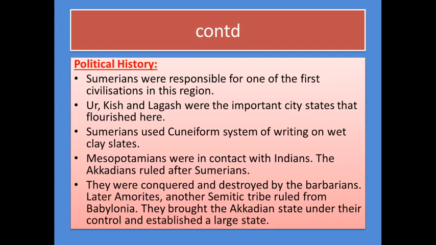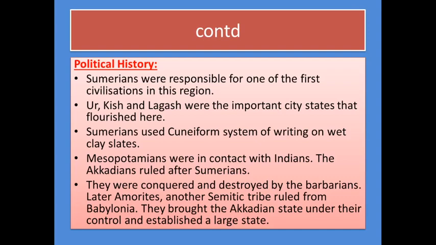Sumerians used the cuneiform system of writing on wet clay slates. So the Sumerians wrote through the cuneiform system, which means they wrote on wet clay slates.